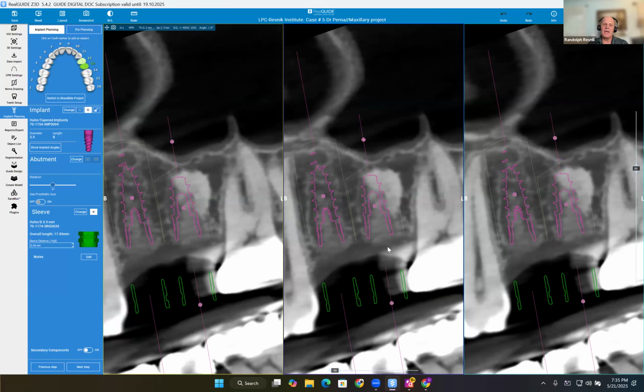Yeah, sure. So Doc, here's why. This is one of those idiopathic osteosclerosis cases. So this is a situation where we're going to have to engage it, but we don't have to go through it. Going 2 more millimeters isn't going to give us any more primary stability.